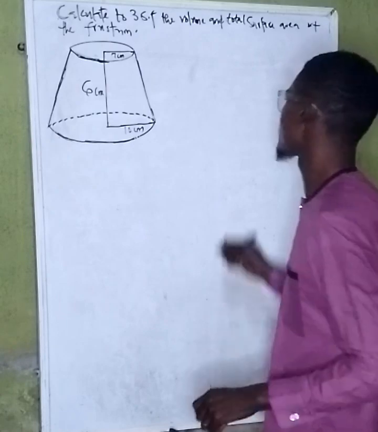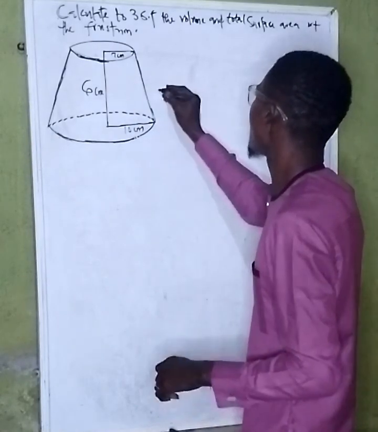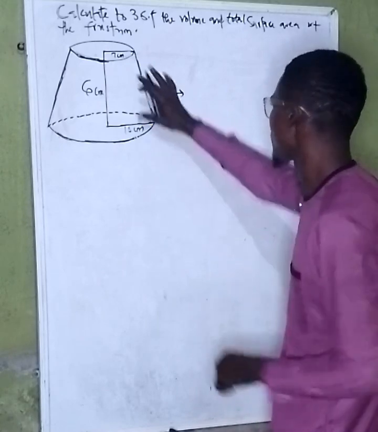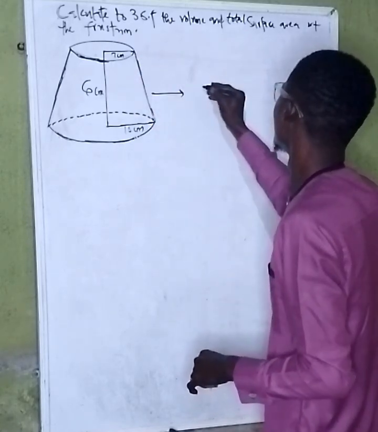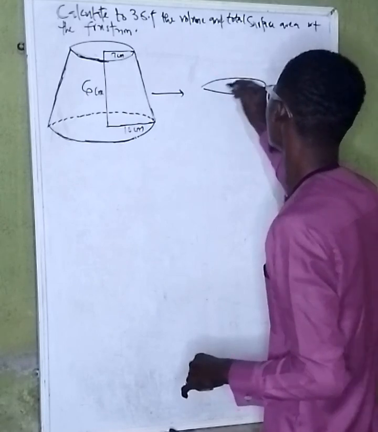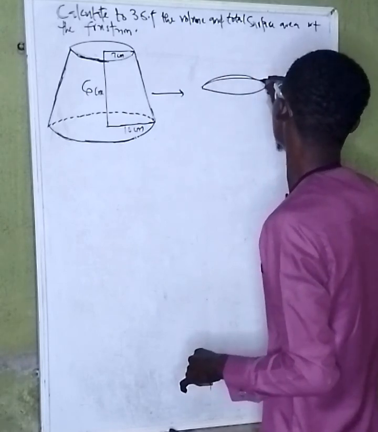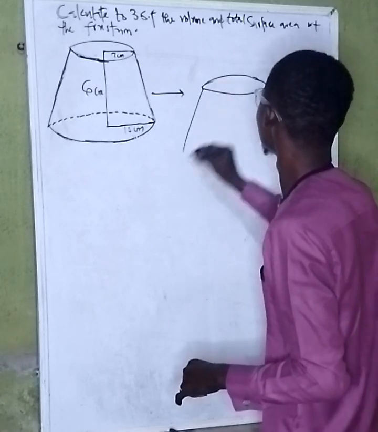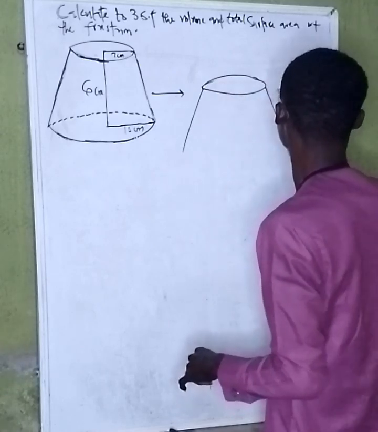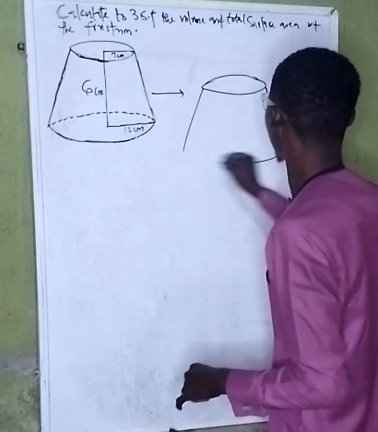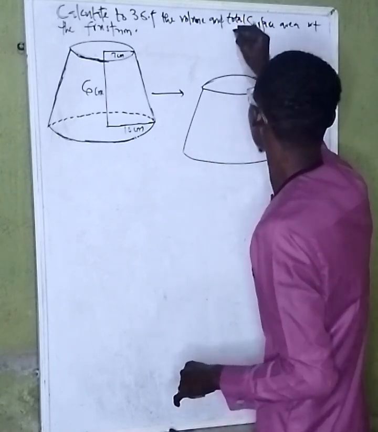So the first thing is for us to see this Frustum as a complete cone. Let me make it a complete cone. If you are making this a complete cone, it's going to be this way. Don't mind my drawing.